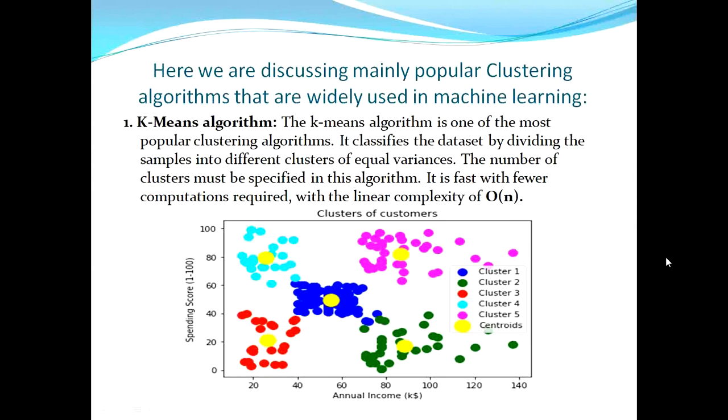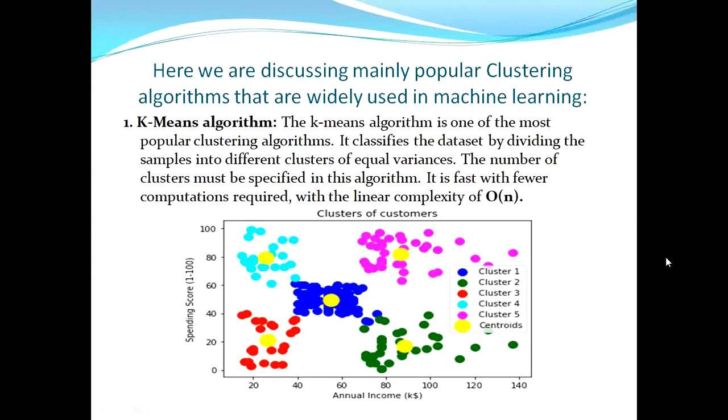In the output image, it is clearly showing five different clusters with different colors. The clusters are formed between two parameters of the dataset: annual income of customer and spending. We can change the colors and labels as per the requirement if we have a choice.